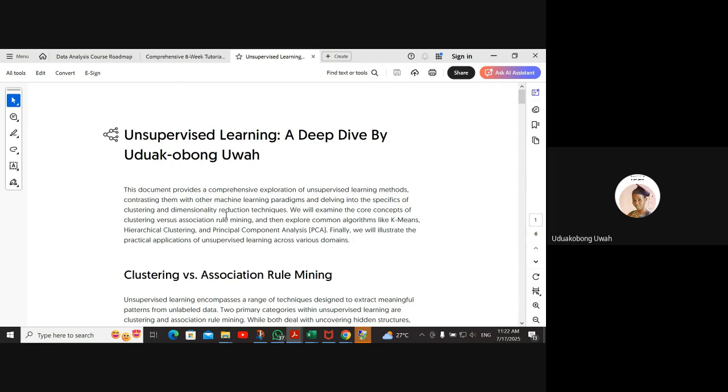We examine the core concept of clustering versus association rule mining, how both are used, their differences and applications, and then explore common algorithms like k-means, hierarchical clustering, and principal component analysis, which are the methods used in clustering and association rule mining.